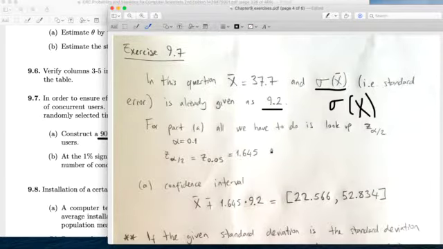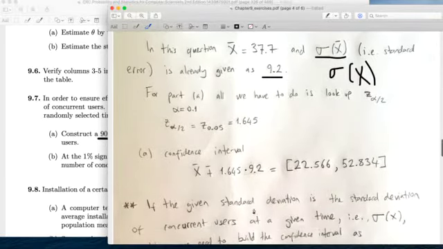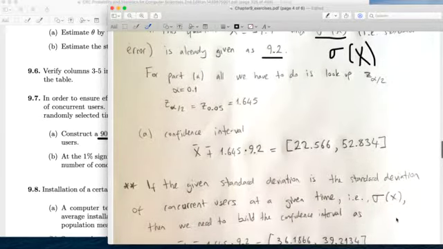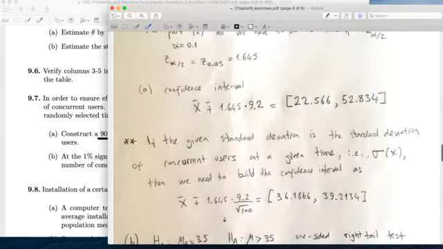But if the given standard deviation is the standard deviation of concurrent users at a given time, in other words, the standard deviation of the individual X, then we need to build the confidence interval differently, because the standard error in this case will be sigma divided by the square root of n, the square root of 100.